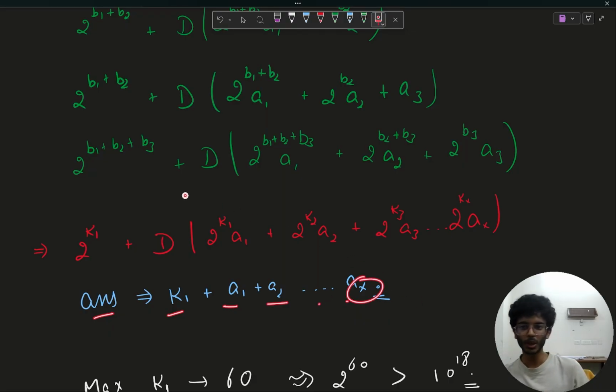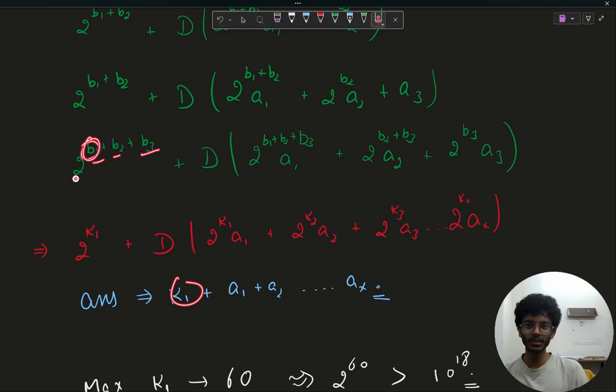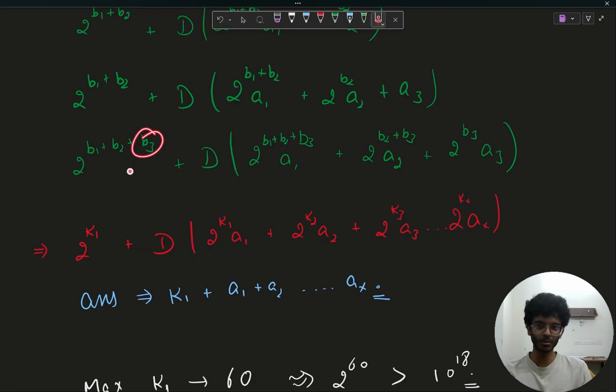Why? Because k1 is b1 plus b2 plus b3. And b1 is the number of times you multiplied with 2 initially. Then b2 is the number of times you multiplied with 2 again for the second iteration, then b3 is the number of times you multiplied with 2 the next time, then b4 the next time, then b5 and so on, right?